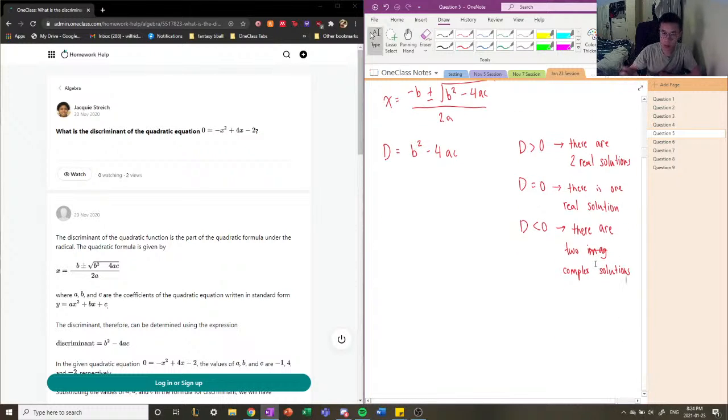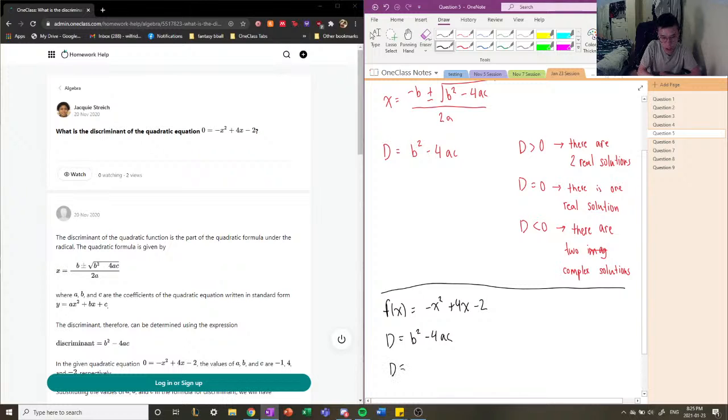So, in this case, we're going to calculate the discriminant of our above function here, and it'll give us information about its solutions. Okay, so our function here is negative x squared plus 4x minus 2. So the discriminant formula is b squared minus 4ac. And we plug in b, a, and c, which are the coefficients of our standard form of our quadratic function.